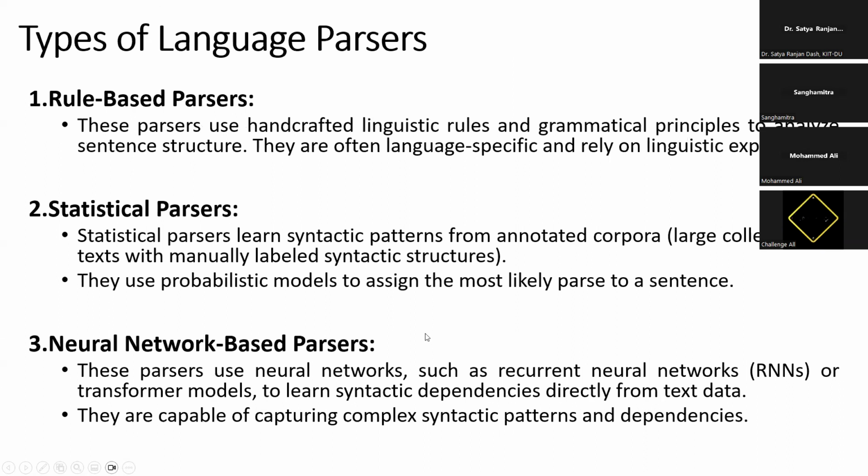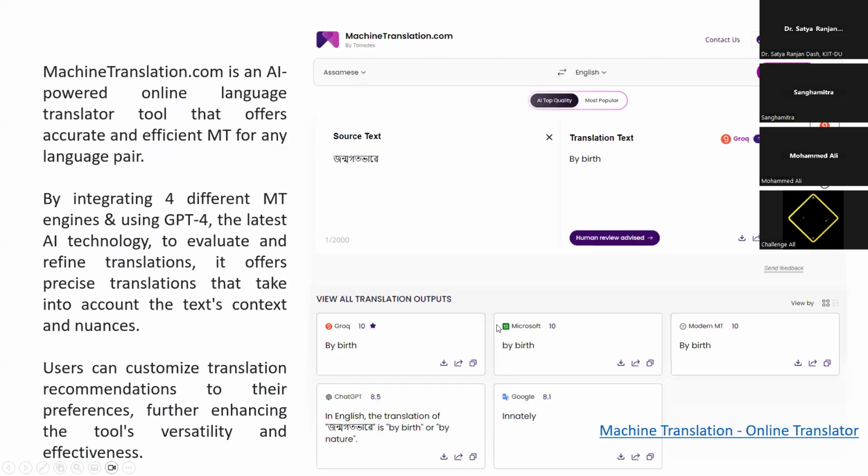Now, there are different approaches to designing a language parser. So we have rule-based parsers, statistical parsers, neural network-based parsers. I'm just giving you a brief idea about the different technologies which are available for all the sub-technologies in speech-to-speech translation.